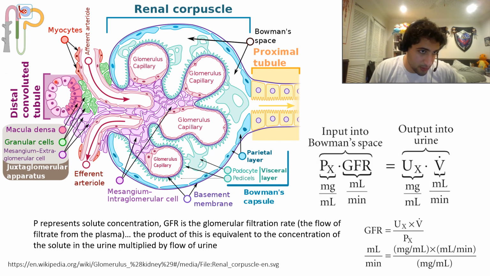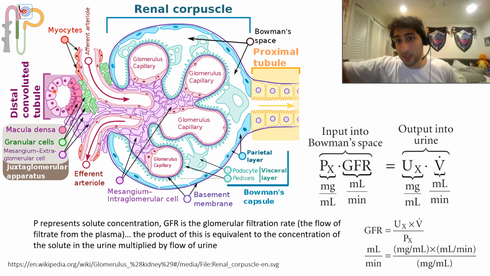distal convoluted tubule. And what's important about the distal convoluted tubule is that there are cells that are going to sense the amount of chloride and by extension of chloride, the amount of salt, and by extension of salt, the amount of fluid. Because remember, fluid goes where salt goes. Salt and fluid status are synonymous in terms of the body's physiology.